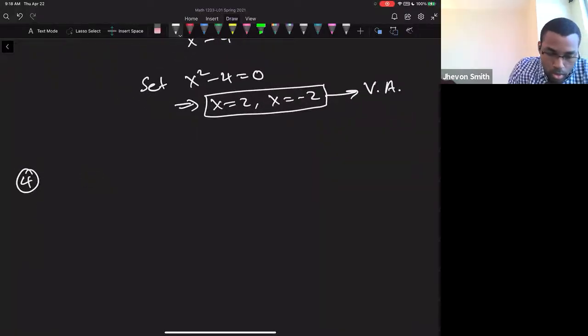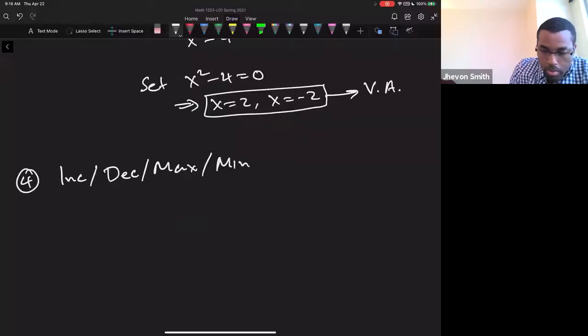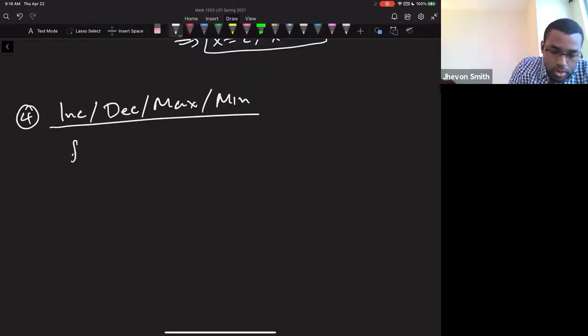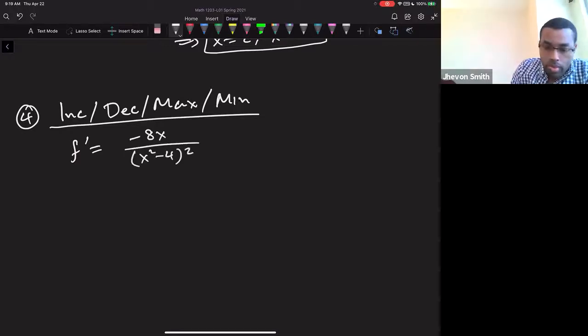Okay, so 4, we're going to do increasing, decreasing, maximum, minimum. For that, we need the first derivative. The first derivative was given to us, and the problem says we need not verify it. First derivative is minus 8x over x squared minus 4 squared.